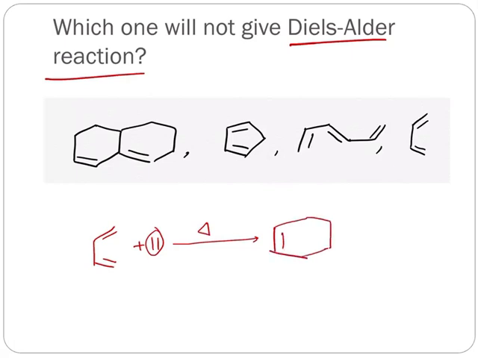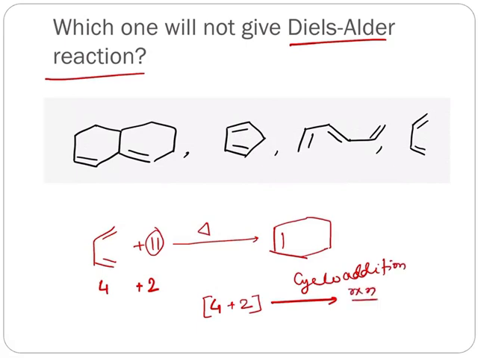Here this system is a 4 pi electron system and here a 2 pi electron system. That's why this is called a 4 plus 2 cycloaddition reaction.